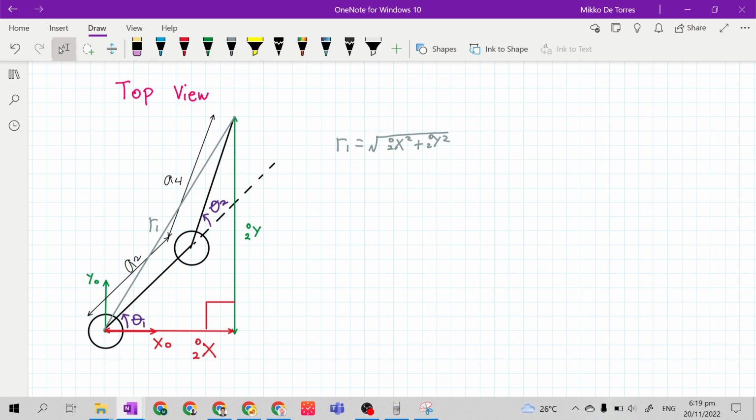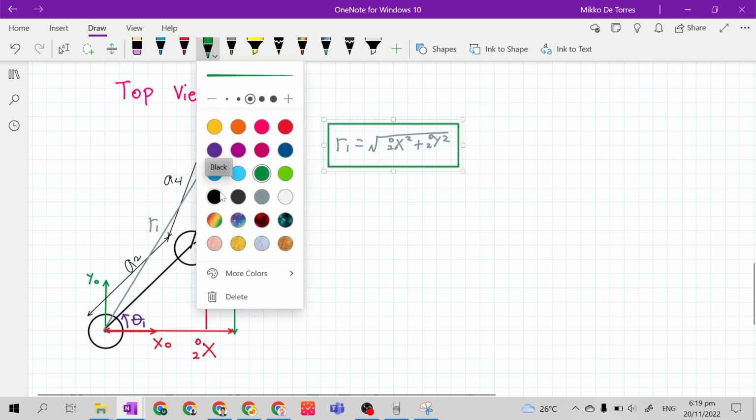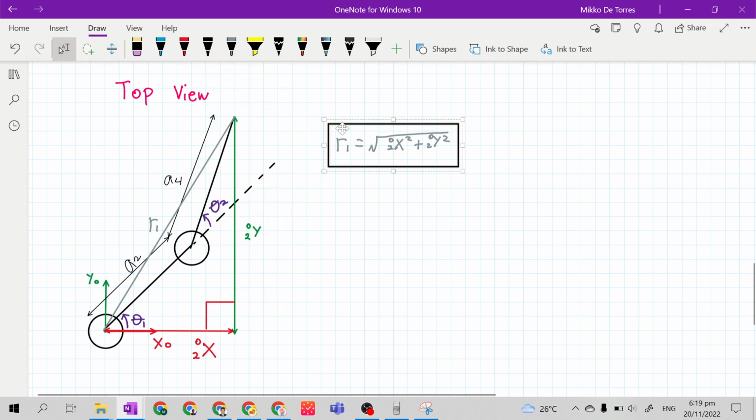Let's box our first equation. Next, now we have a value for r sub 1, we can also have a value for the angle down here.